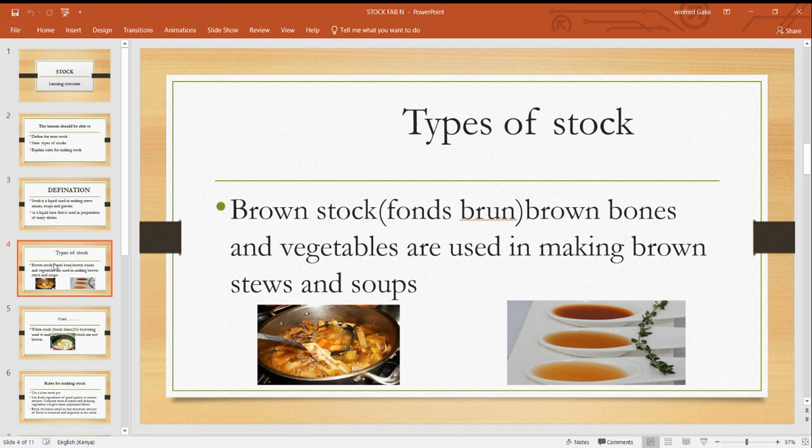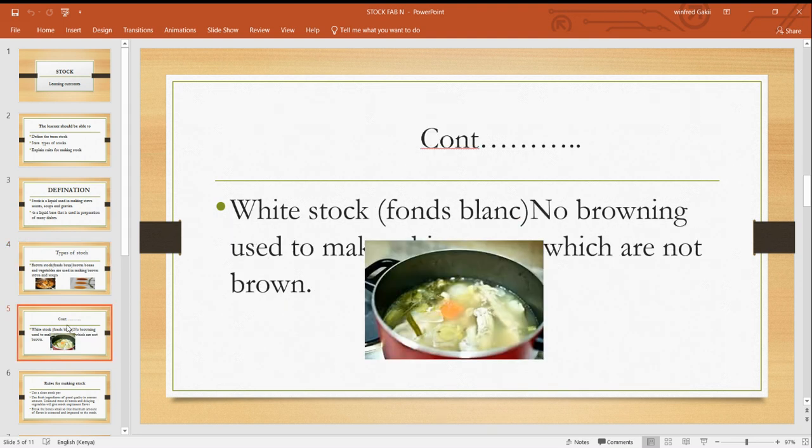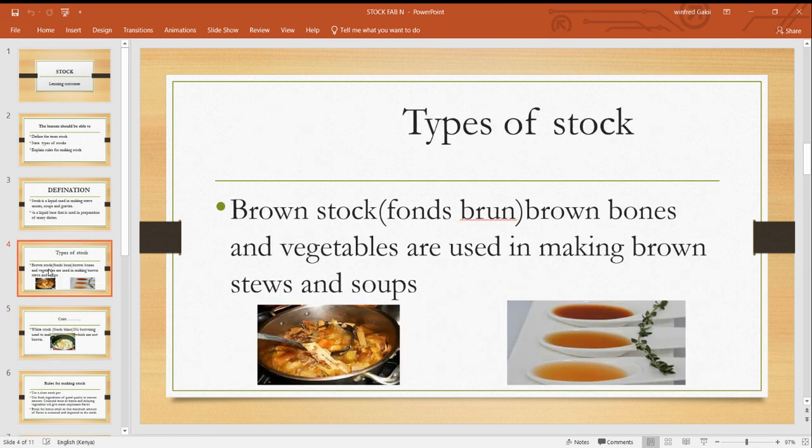So, you can produce brown stock so that you can have a liquid called stock in a stew. So, how do we produce brown stock? Just brown all the vegetables and the bones so that it can give out the brown color, so that we can make stew for that matter.